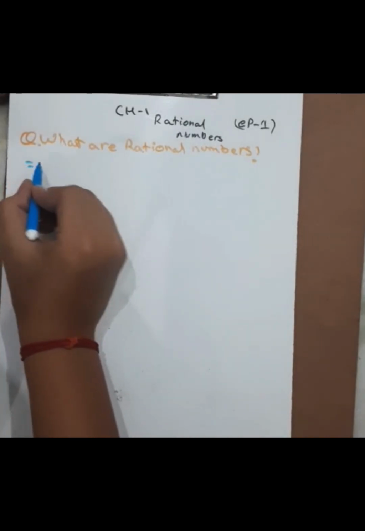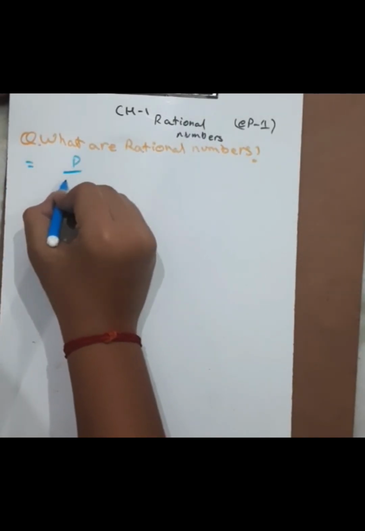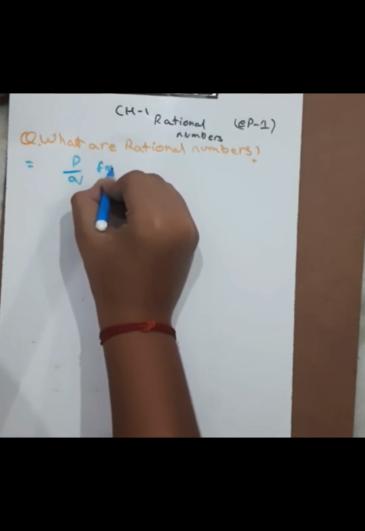The question is asking, what are rational numbers? The numbers which are in P by Q form.